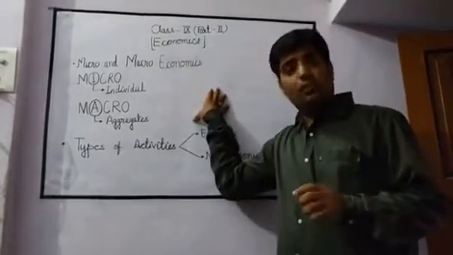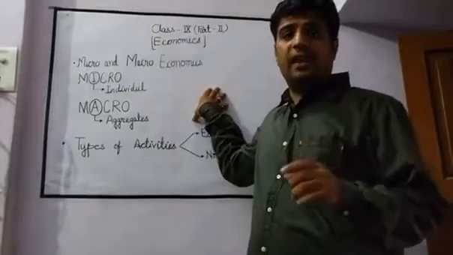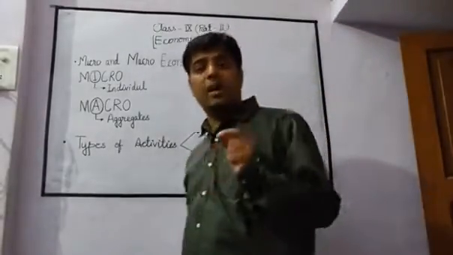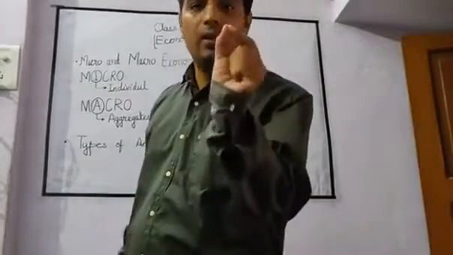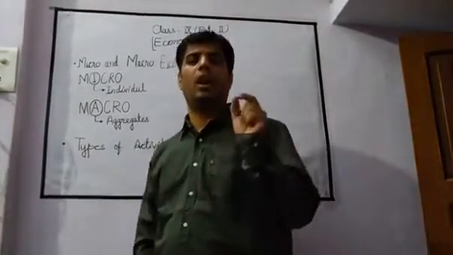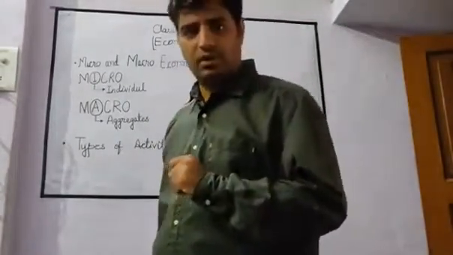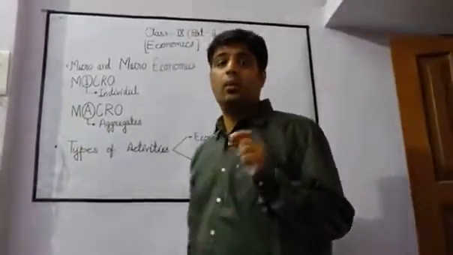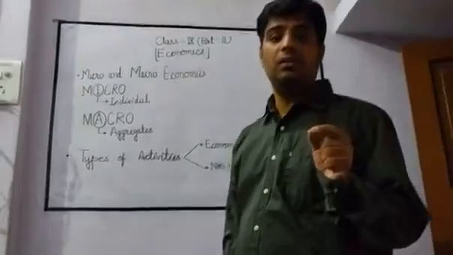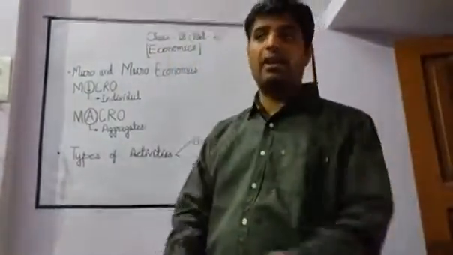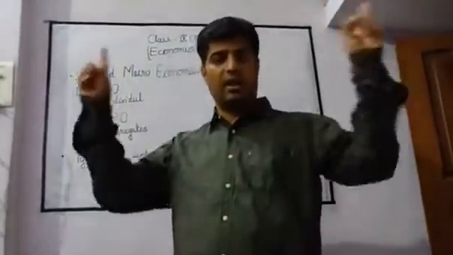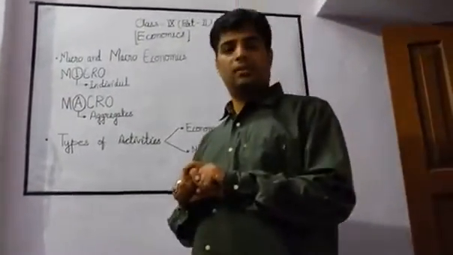On the basis of meaning, we can say that in microeconomics, we study about the individual consumer, about the individual producer. But in macroeconomics, we study about the aggregative consumers, aggregative producers.